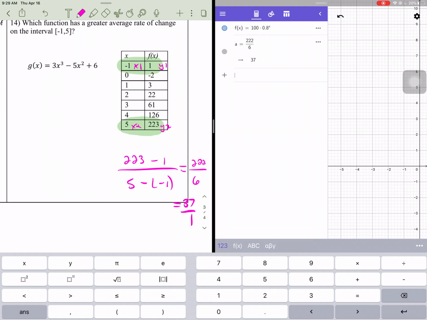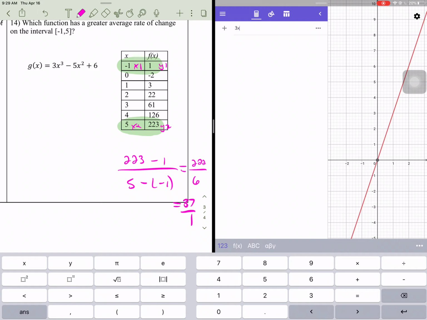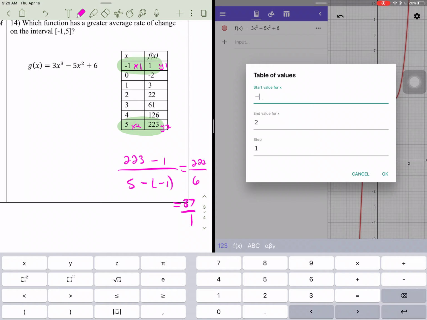Now what about this function? We've got to graph it. 3x cubed minus 5x squared plus 6. And we want to know, from the table of values, from -1 to 5.